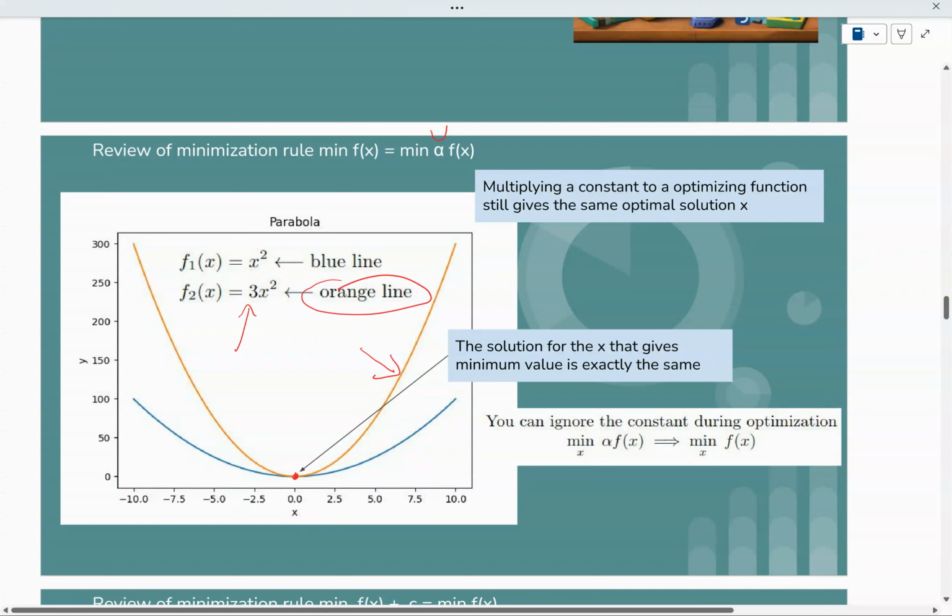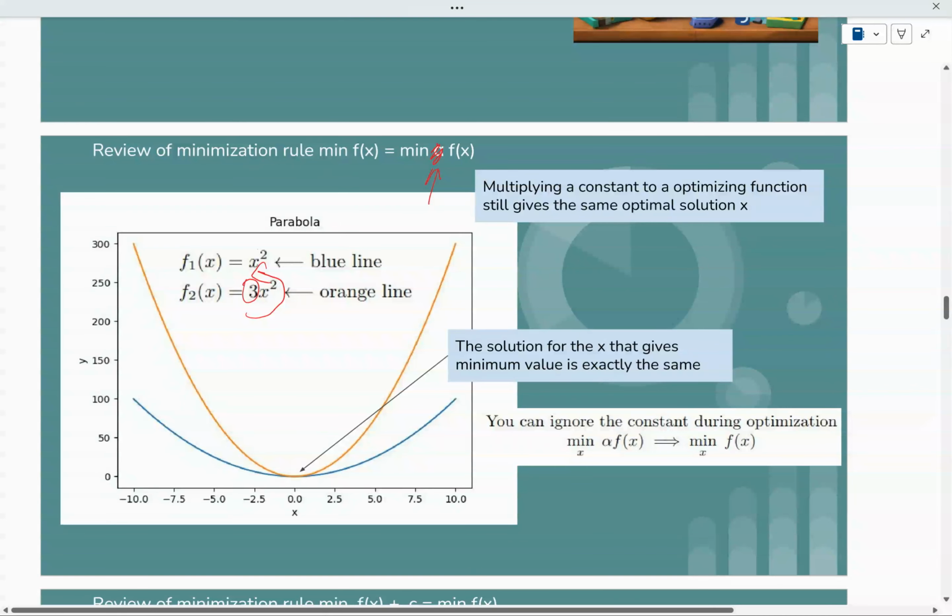The orange line's curvature changes, the slope changes. However, the location where you get the minimum is still the same. It's still at 0, right? So in this example, you can visually see that multiplying a constant to a function during maximization doesn't really matter. So if you have a constant value, you can actually just get rid of it.